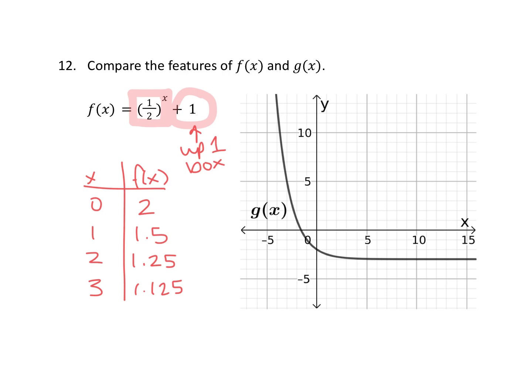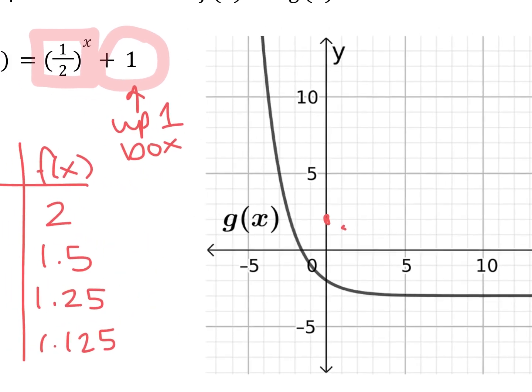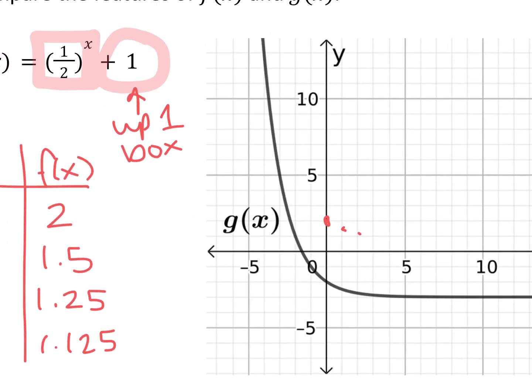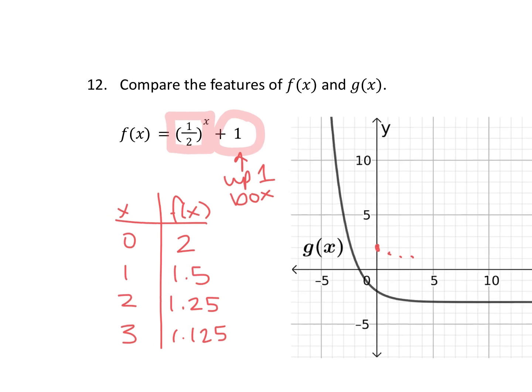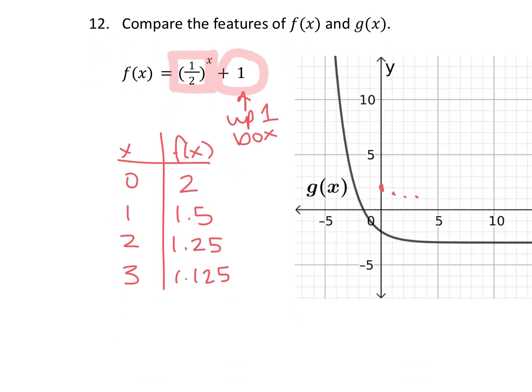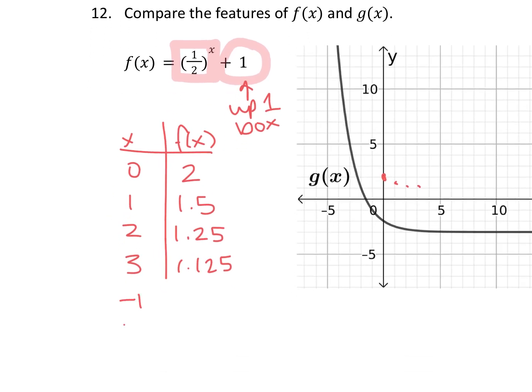So let's go ahead and graph 0, 2 right here. And then 1, it's 1.5. So it's just gonna kind of skim right here, right here, right here. I should have probably done some negatives. Here, let me do -1 and -2. Let's add that to our table.